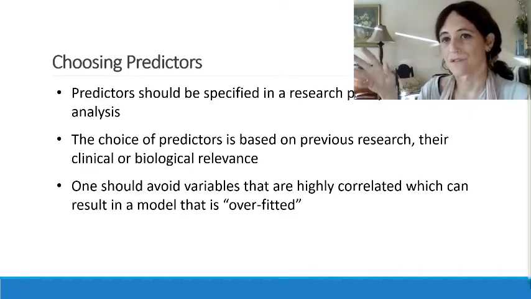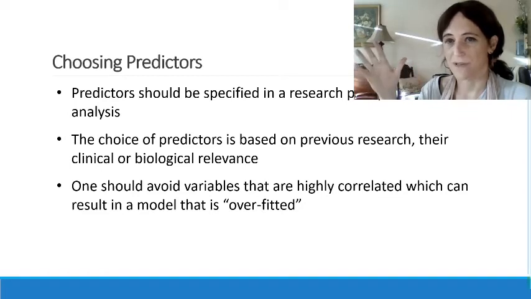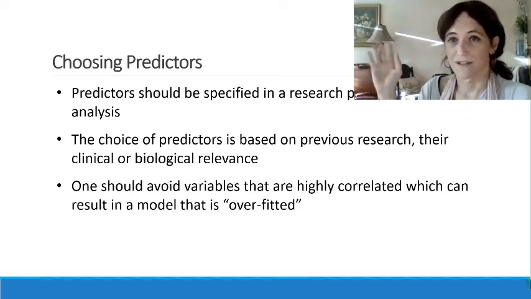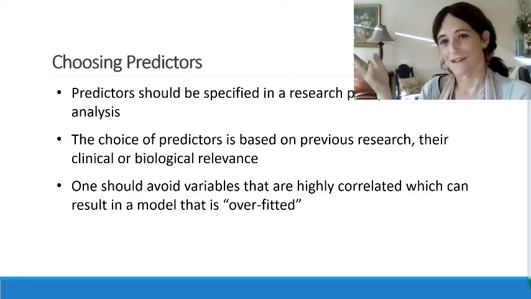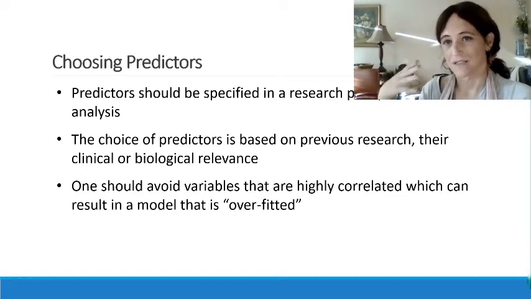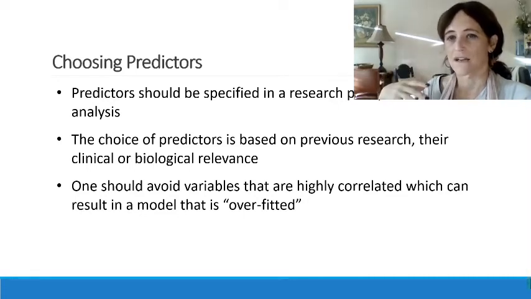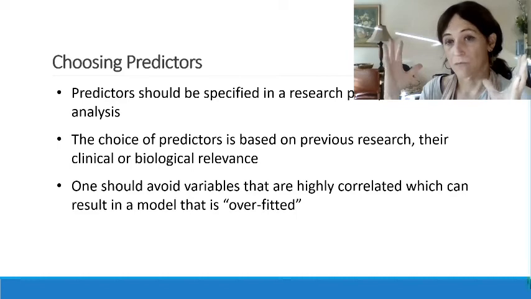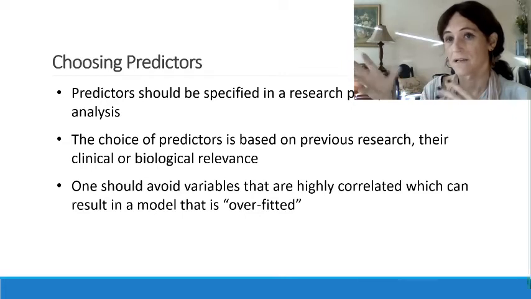There's different schools of thought on this. For example, economists will tend to throw everything in the model because they're trying to skim pennies off the outcome. And so anything that they can do to increase prediction is considered better. In health sciences, we tend to be more parsimonious, which means we're going to only include the things that are most essential for understanding the phenomenon.